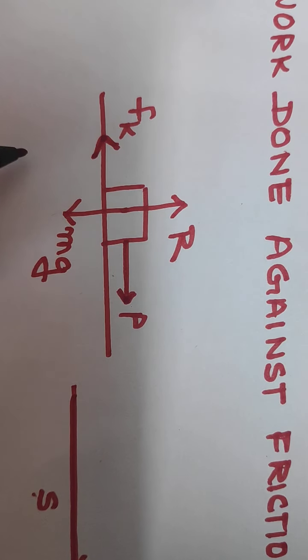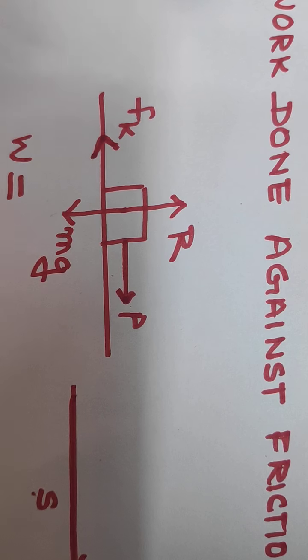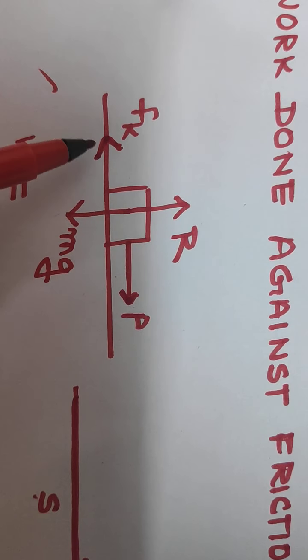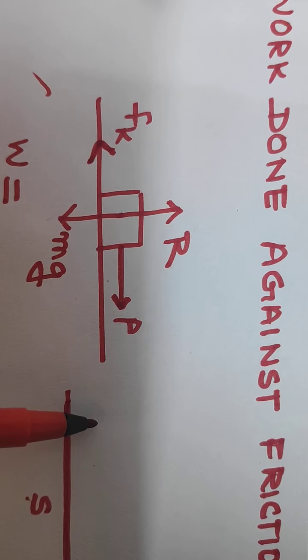Work done equals force into displacement, and work done by force of friction will be against the motion of the object, therefore it will be negative.